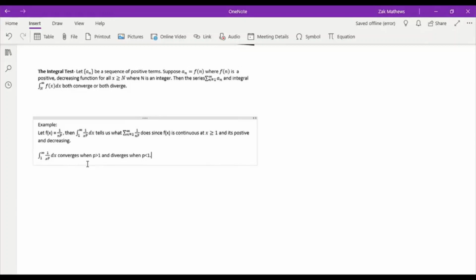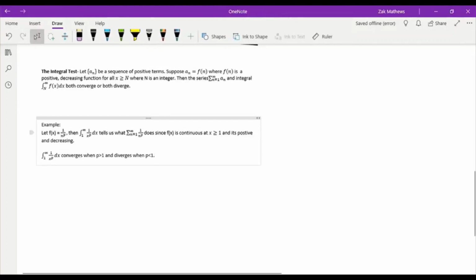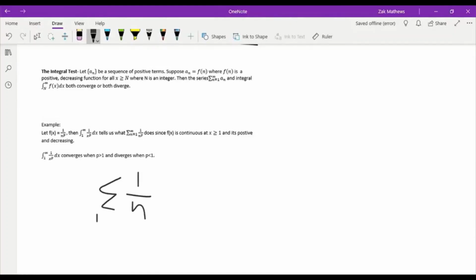Well, if p is equal to 1, then we simply have 1 over x, which we've talked about as the harmonic series. If our p was 1, we'd have 1 over n, and if n is going from 1 to infinity, that is the harmonic series, which means it does diverge.